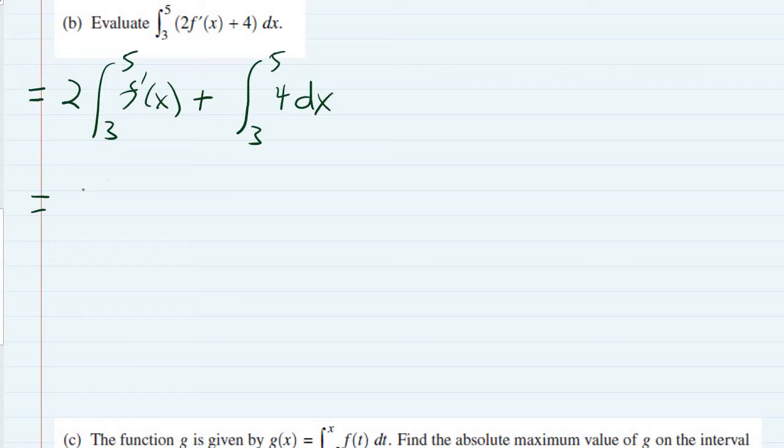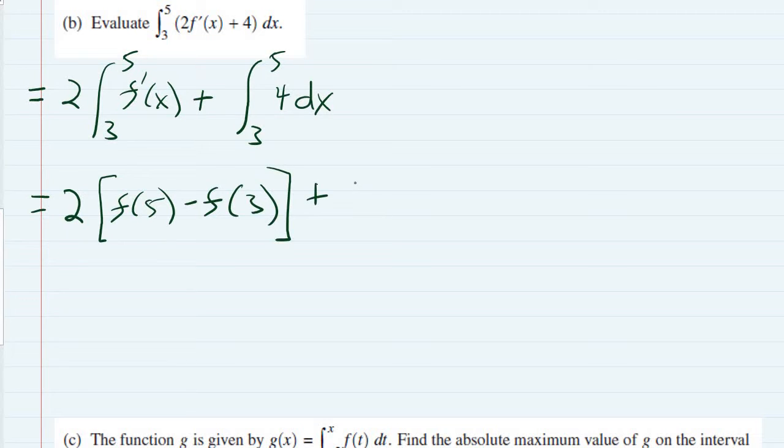Well, using the fundamental theorem of calculus, this is just 2 times the integral of the derivative, which is just going to be the function itself, evaluated between the limits of 5 and 3. So this becomes f of 5 minus f of 3.